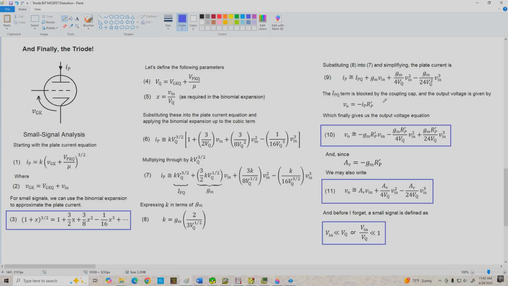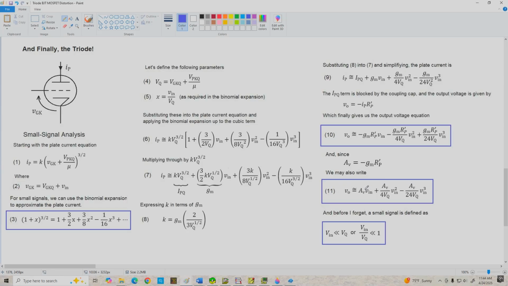And grinding through all of this stuff, we finally get an output voltage equation in terms of transconductance, and again, we normally prefer to work with voltage gain, so AV is negative GM times R prime P. Making that substitution, we get a nice equation, at least relatively nice, for V out here in equation 11.